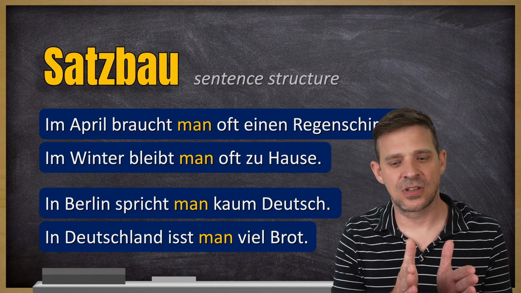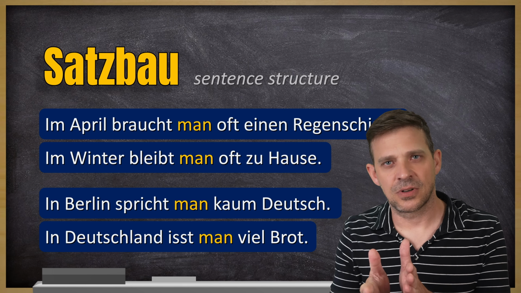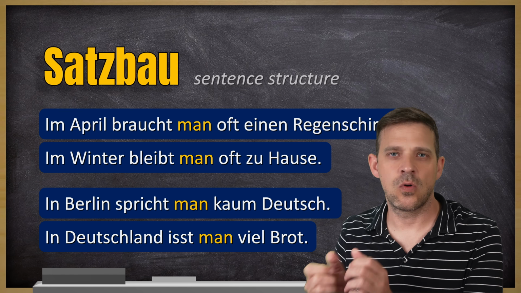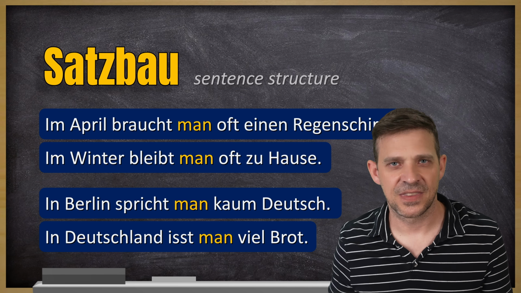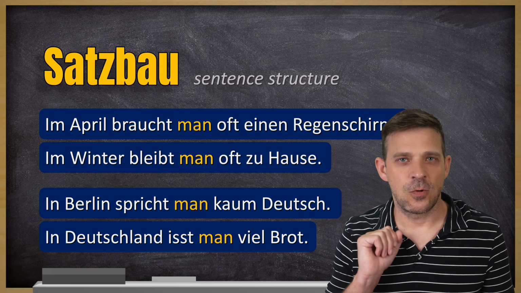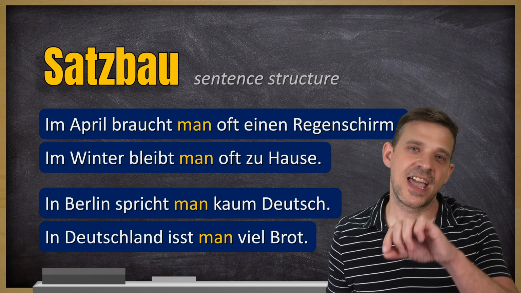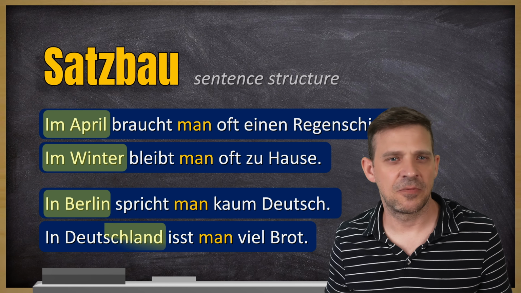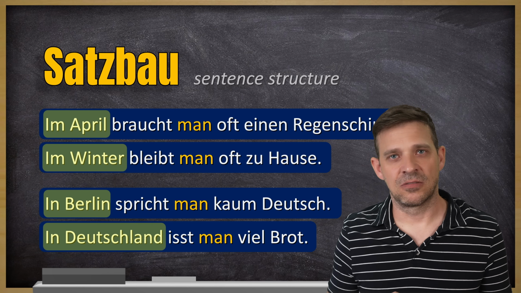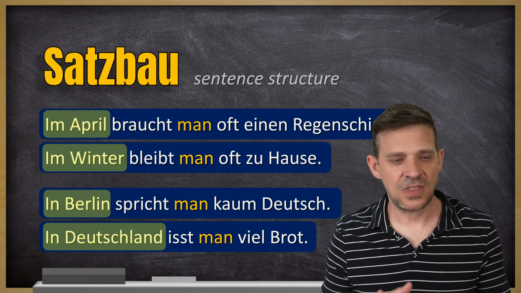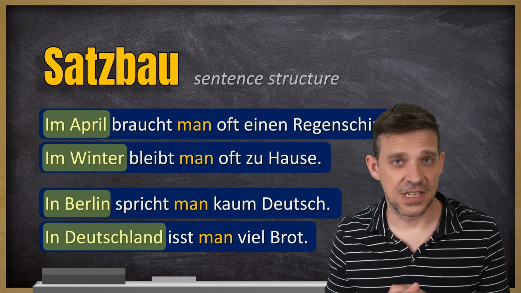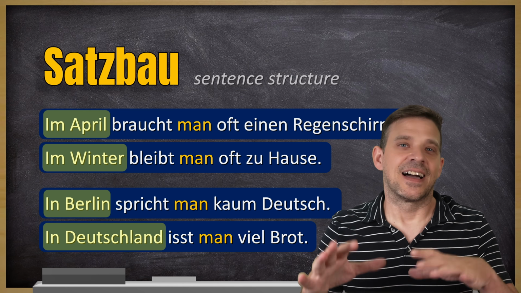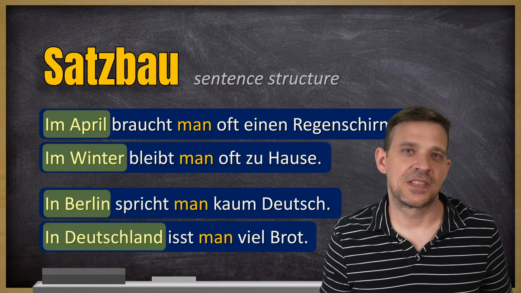Subject, first position, V is verb on the second position, and then O, object or something else. But specifically with man, we change the structure. As you can see here, we have 2 time information and 2 local place informations together with a preposition, which is very common. And this you will place in the first position.